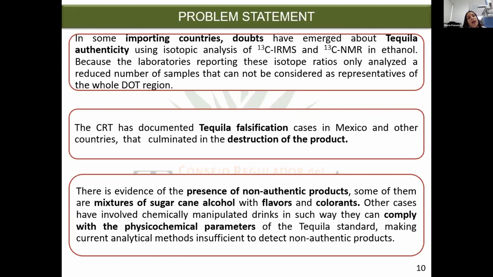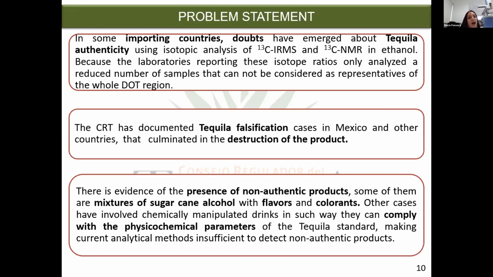Another issue, the CRT has documented tequila falsification cases in Mexico and other countries that culminated in the destruction of the product. And the last issue that CRT found in this topic is that there is evidence of the presence of non-authentic products.